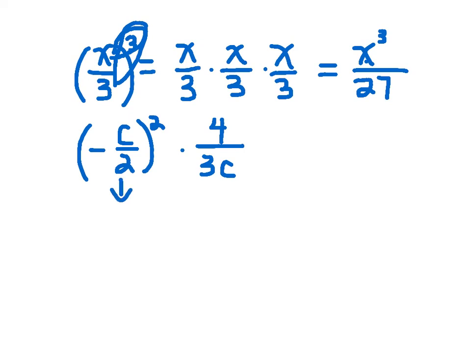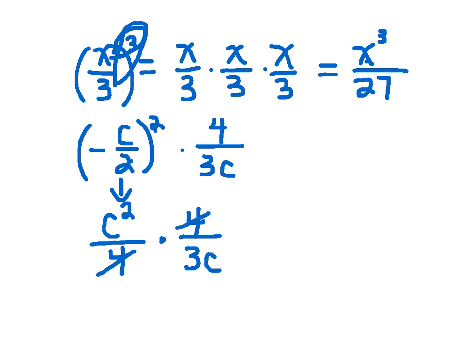And c squared, to the second power, is c squared, and 2 to the second power is 4. I'm going to multiply that by 4 over 3c. Clearly those cancel out. There are 2 c's here and 1 here. One of them cancels out, leaving this with a c. So I multiply straight across, and I get c over 3.